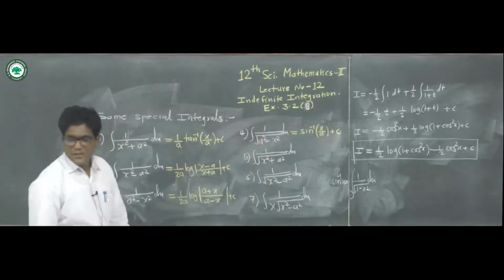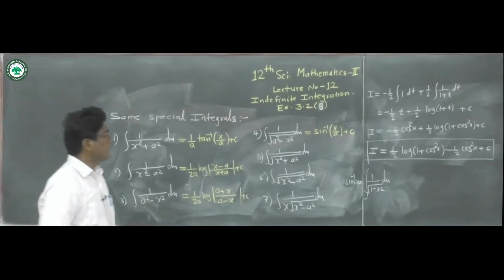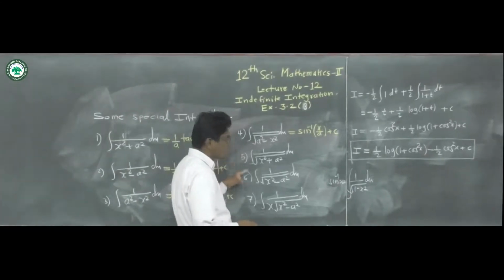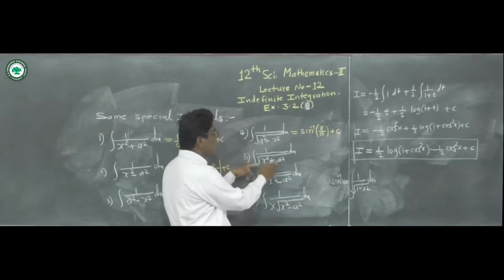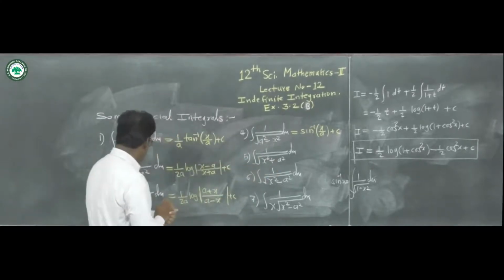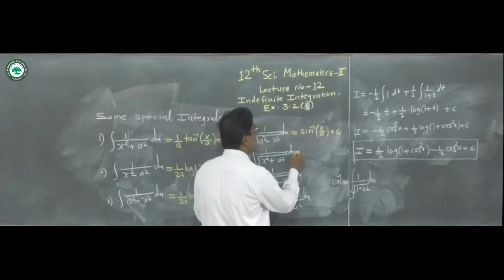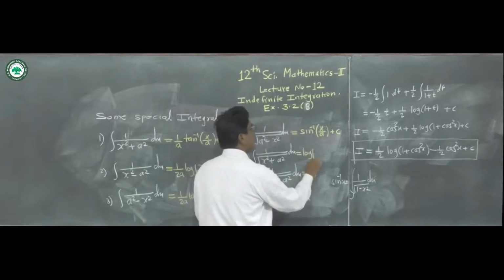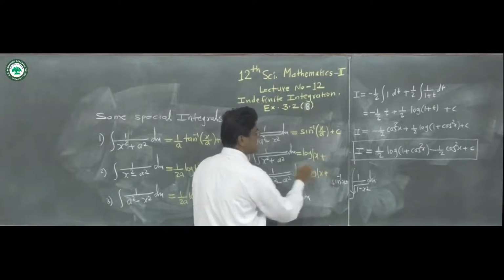Now the 5th and 6th, these both are similar: 1 upon root of x square plus a square or 1 upon root of x square minus a square dx. This is equal to, in both the formulas, log x, here plus, here plus.